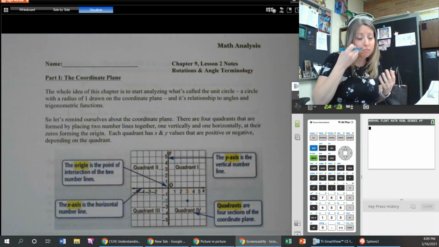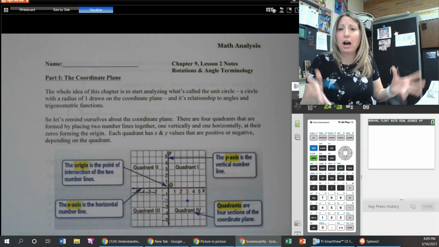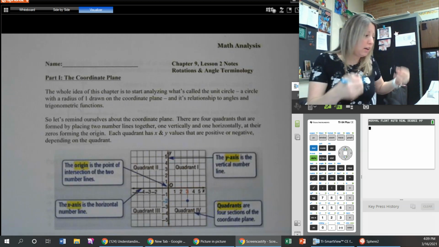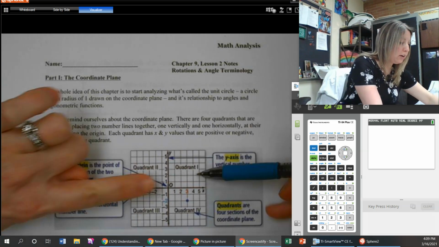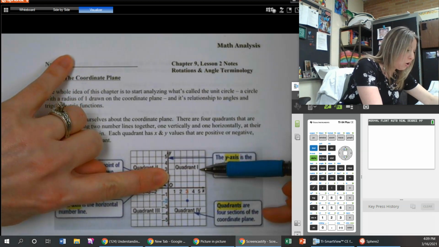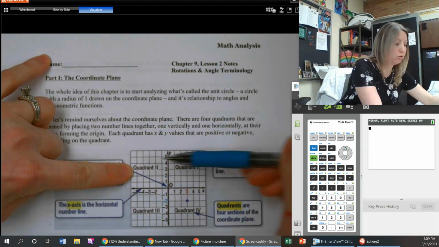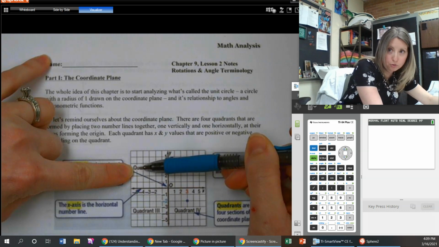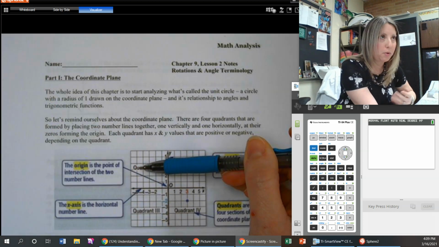All right. This divides the grid into four quadrants. Quadrant 1 starts here, where everything is positive. Quadrant 2, then we go to the left. I know, not the way we read, but that's all right.